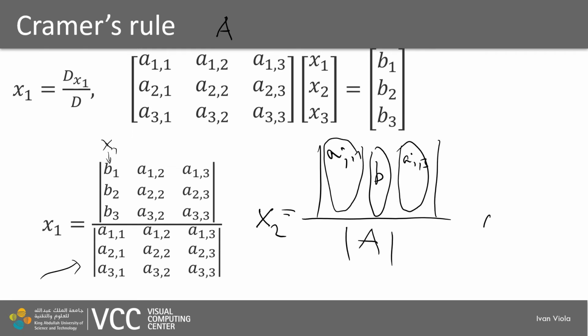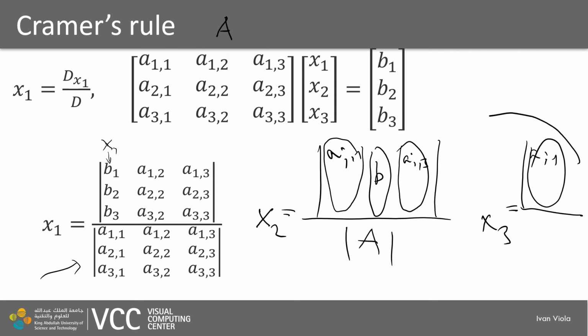And for the x3, we will calculate it by a similar determinant where we will have the vector a_i1 here. Oops, we are running out of space.